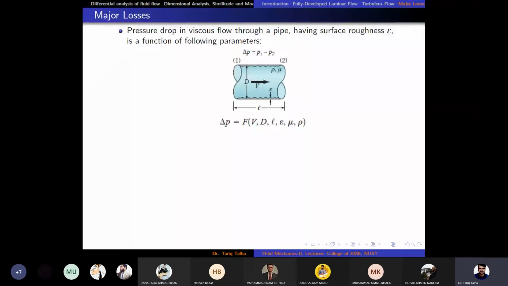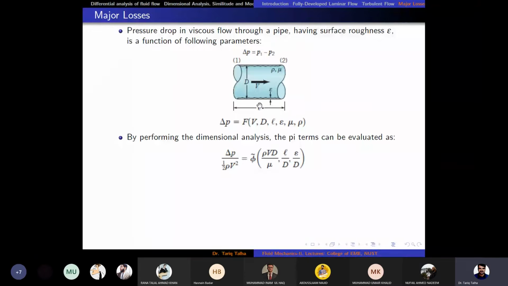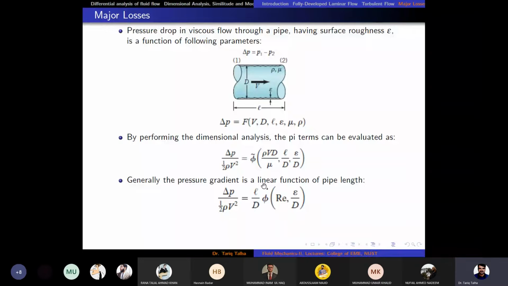If we apply dimensional analysis, we can come up with this form in terms of dimensionless pi terms. We know that L upon D is directly proportional to delta P, so we take it out of that functional form. So we write it like this, and then delta P upon half rho V squared. Delta P is related to the friction factor by the relation f equals delta P into D upon L, divided by rho V squared upon 2.